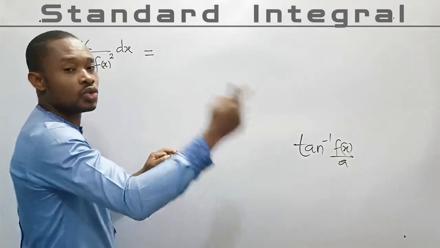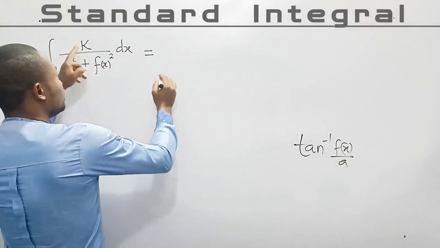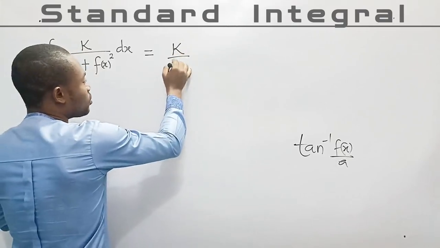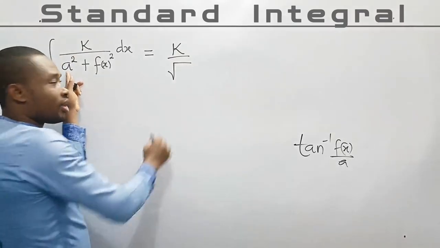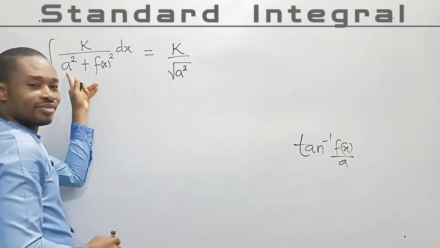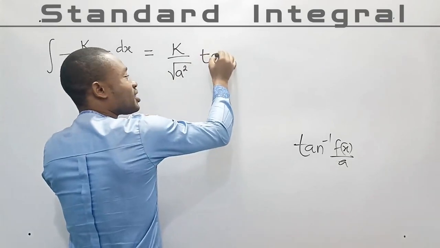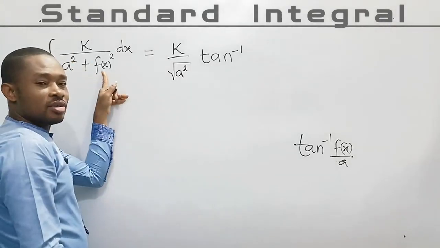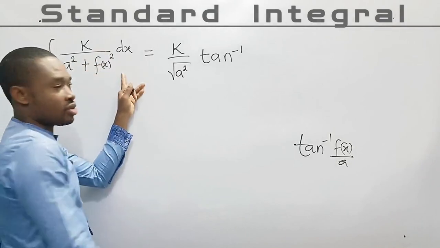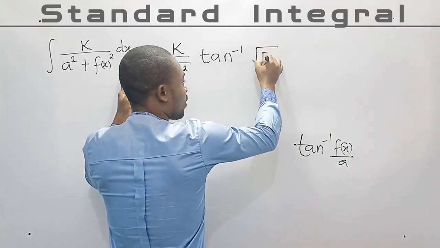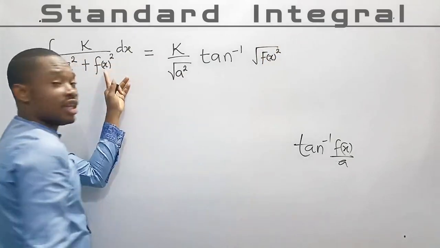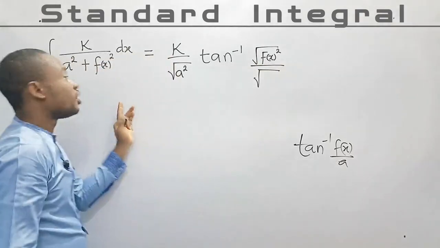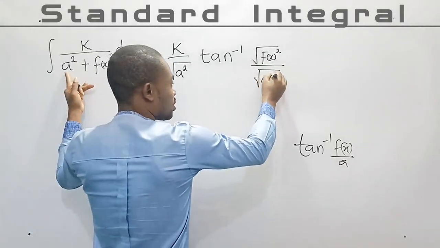the standard integral solution of a function that looks like this is equal to this result: the constant in the numerator divided by the square root of this constant number in the denominator, which in this case is a squared, times tan inverse of the square root of this variable, that is, the square root of f of x raised to the power of 2 as given there, the square root of this function here, and then divided by the square root of this same number that you have here, this constant a squared.